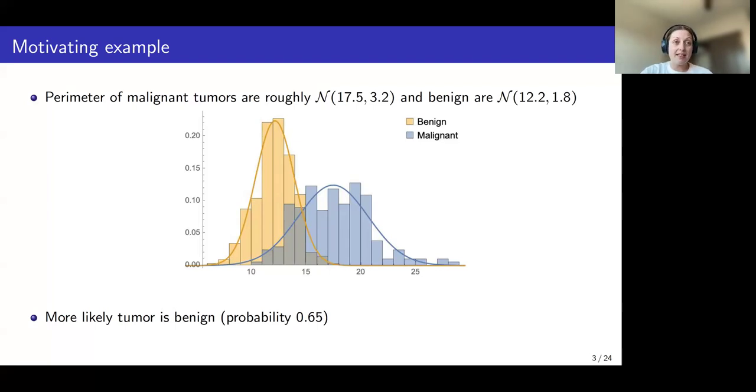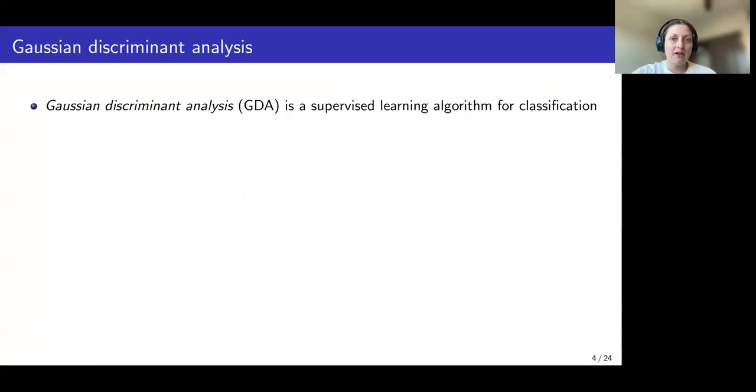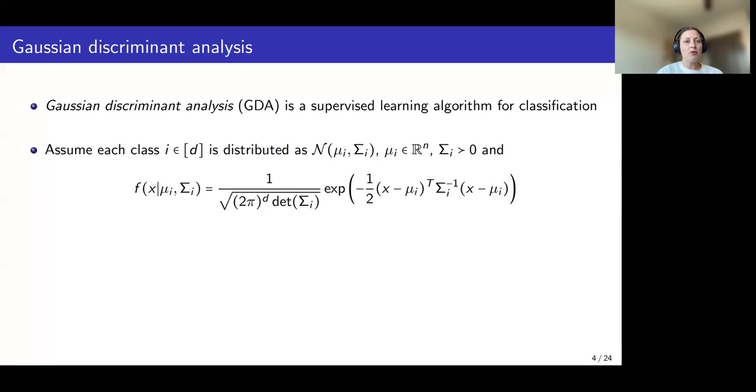This is a pretty standard classification procedure, and it's an example of something known as Gaussian discriminant analysis. Gaussian discriminant analysis is a supervised learning algorithm for classification, where you assume you are given labeled data. In general, I can do D-class classification. In our last example we did binary classification, so D was equal to 2, but in general we could have D classes.